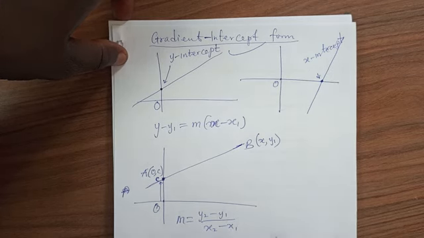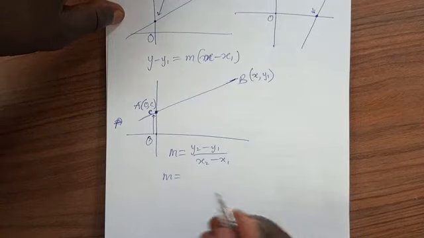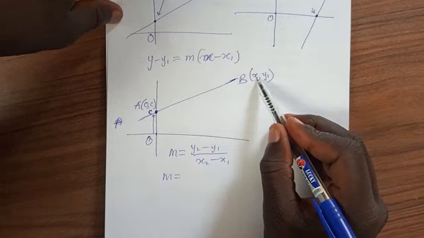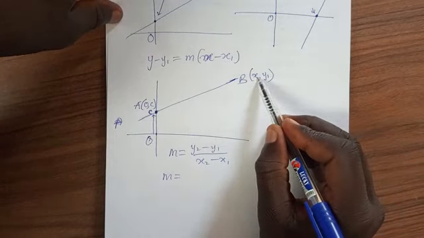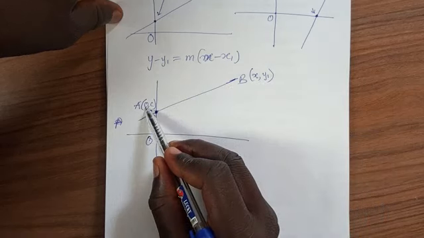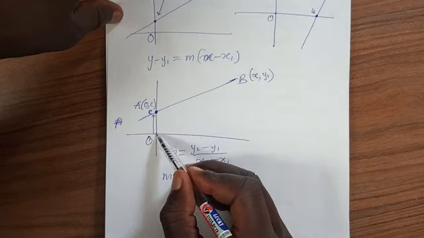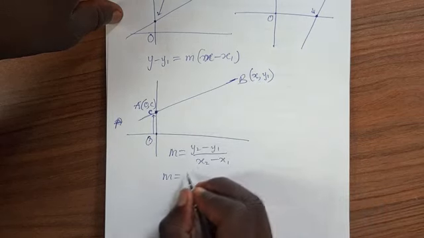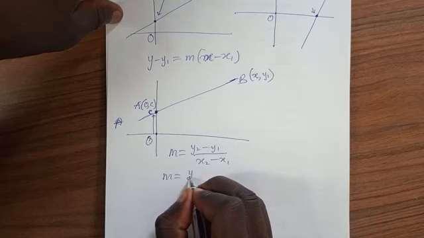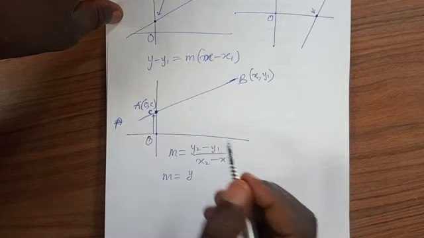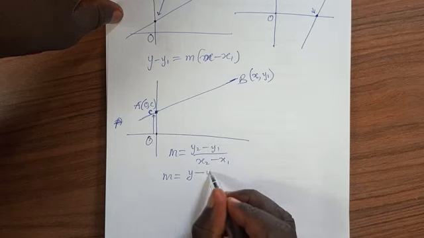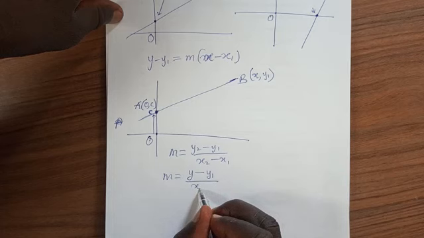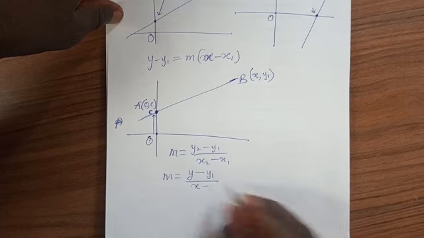But students should take note that x1 is 0 already because it is starting from the origin, where x is 0 and y is at a value C. So we have y minus y1 over x minus x1, but x1 is 0.